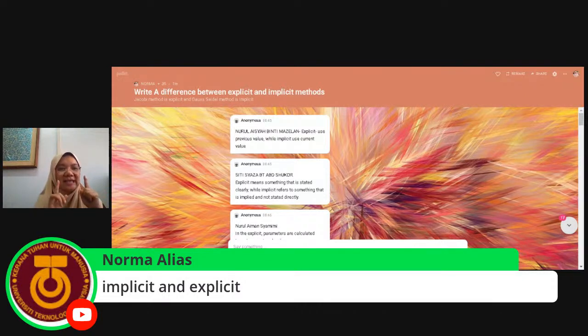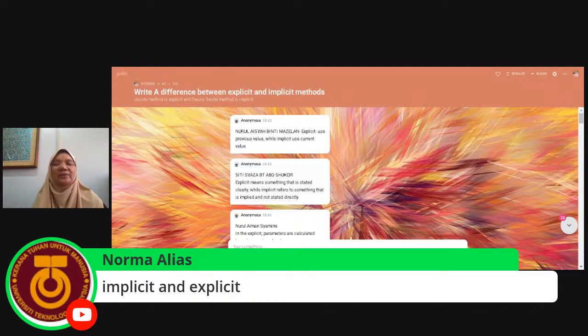Because now I want to apply the explicit method first, and then continue with the implicit method. I'm using hybrid. But at this moment I'm using explicit first because I want to apply the Euler method, Taylor method, and Runge-Kutta method, which we can get in chapter 8. All right, so that's what we call explicit.